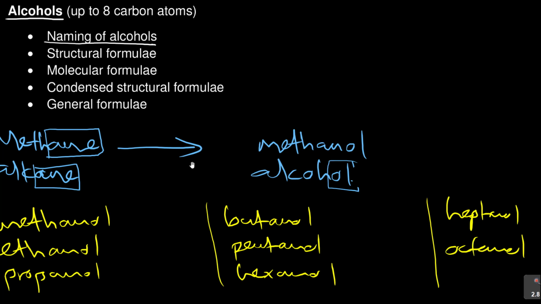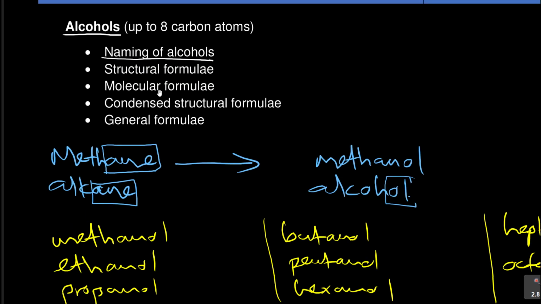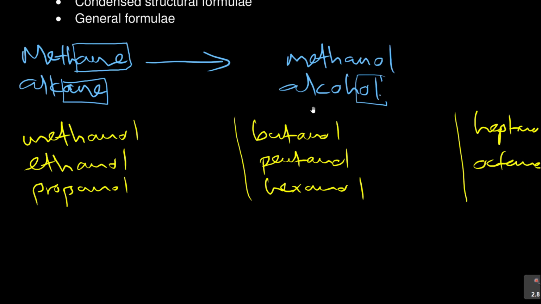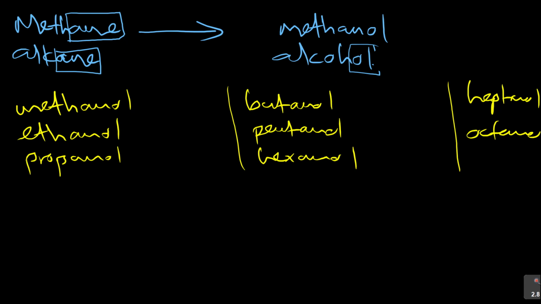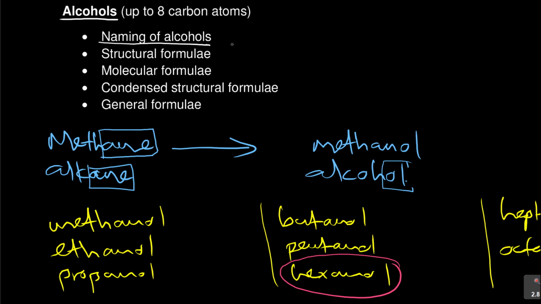But look at this. I'm not going to draw the structural formula of all of them now, because we have practiced with number 1 to 3. That's why we did that. But now, let me choose one at random. Which one will you choose? Let's choose hexanol. If you're drawing hexanol as the structural formula, this is the naming. Now let's look at the structural formula of hexanol as an example.